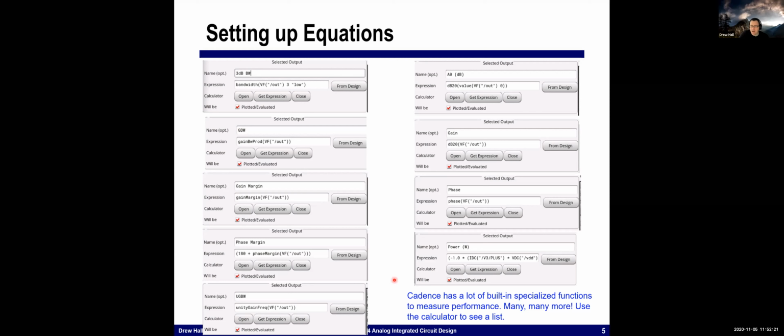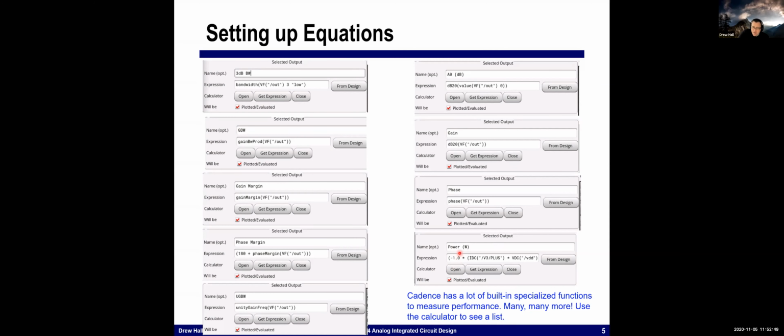I will point out a couple of them that are, I guess, more complicated. So this one here, this is the DC voltage gain. And so what I'm doing with these functions is I'm grabbing the magnitude response of the output, and then I'm taking the value at DC or at 0 hertz, and then I'm converting that to dB20. So this is the DC gain in decibels.